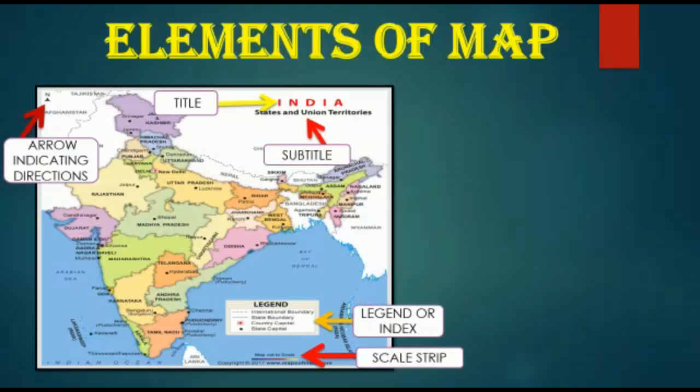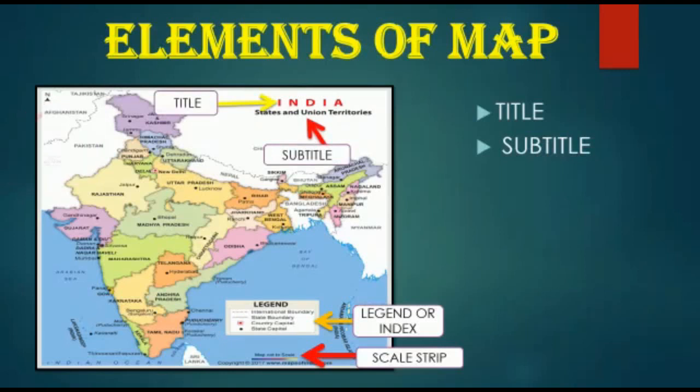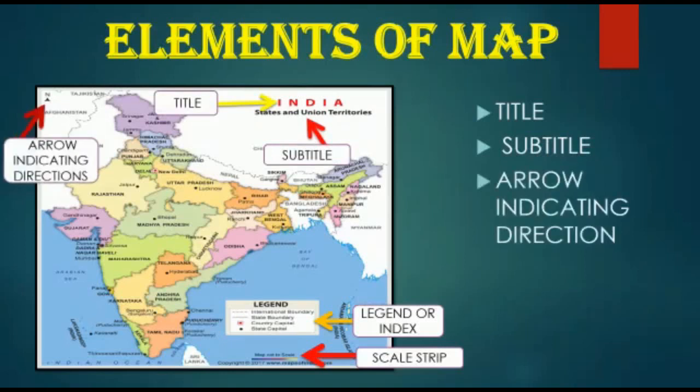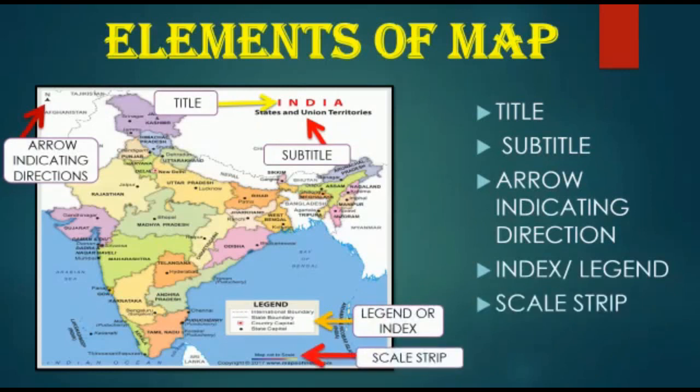As you can see in the slide, different arrows are indicating elements of map such as title, subtitle, arrow indicating direction, index also known as legend, and scale strip. You all know that all such elements help us to understand the map.